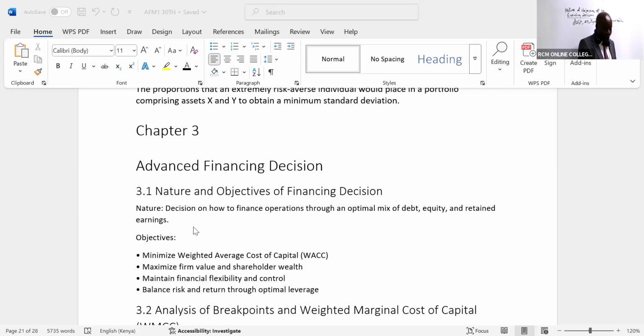Then number two is to help in maximizing firm value and shareholder wealth.